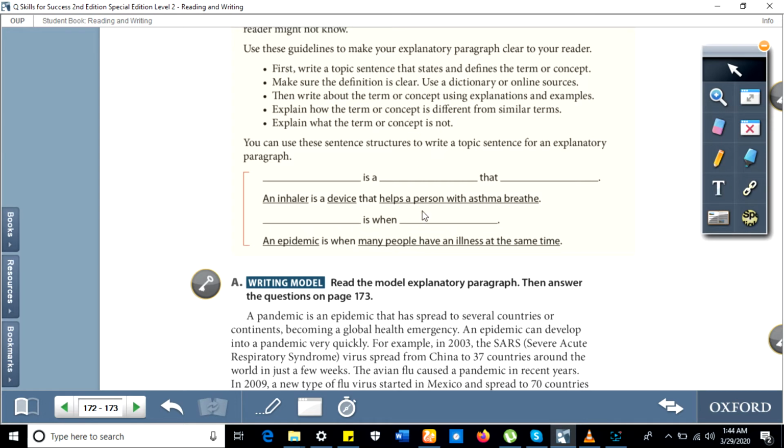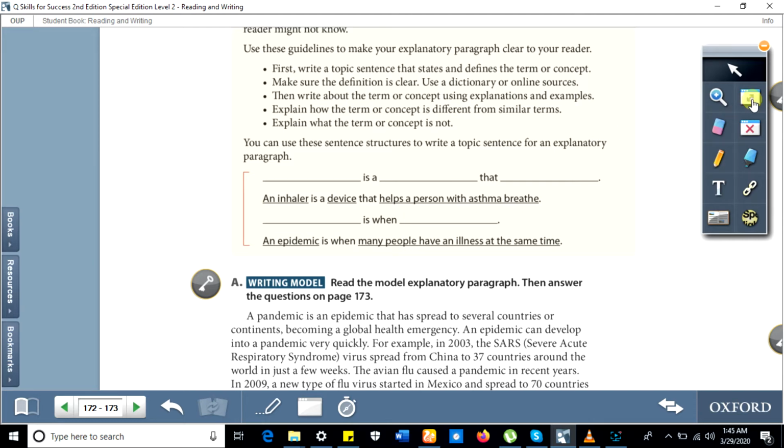So basically this is the start, and that's how you can start this paragraph, and after that you can build on it. Right, so basically this is what the explanatory paragraphs are, where you explain the terms and the concepts.